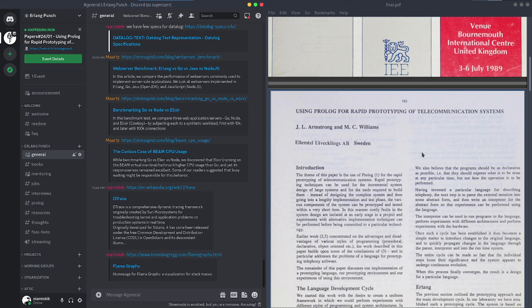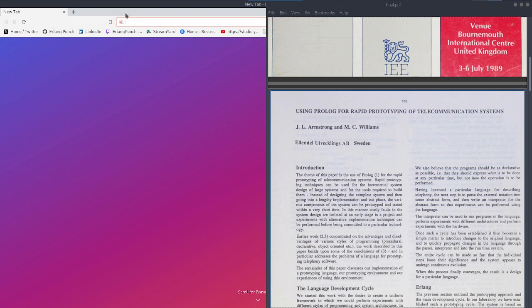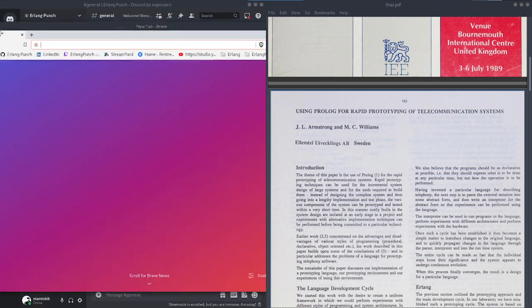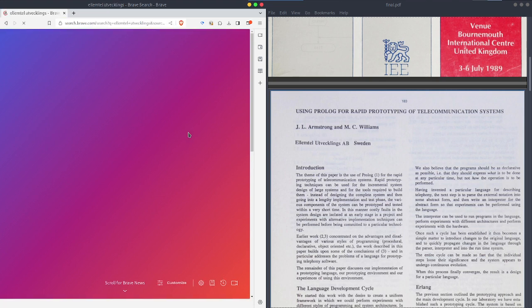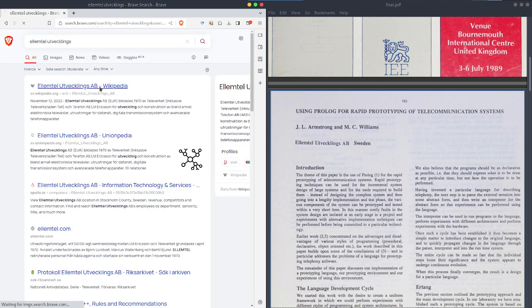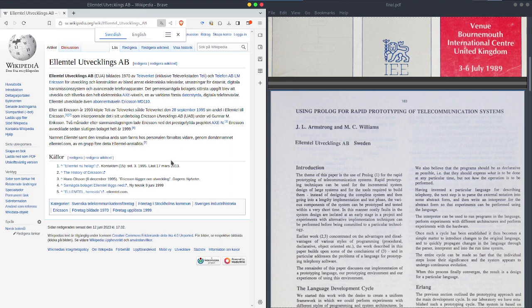So if you want to check it, we will check it. Oh, sorry, just one second. Okay, so I think it's Ellemtel Utvecklings, with my beautiful Danish accent or Swedish accent. Okay, this is in Swedish.